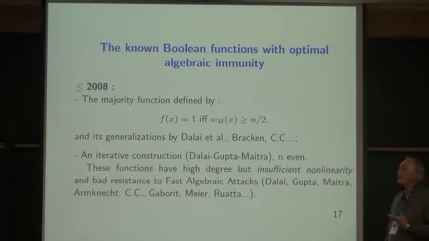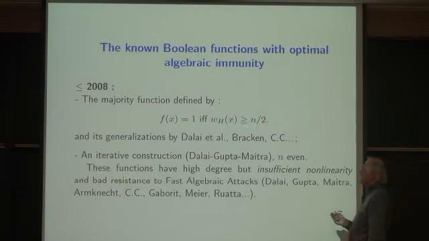And they had exactly the same problem of finding functions with high algebraic immunity, and they had found the majority function, the well-known majority function, f of x is 1 if the weight of x is larger than or equal to n over 2.